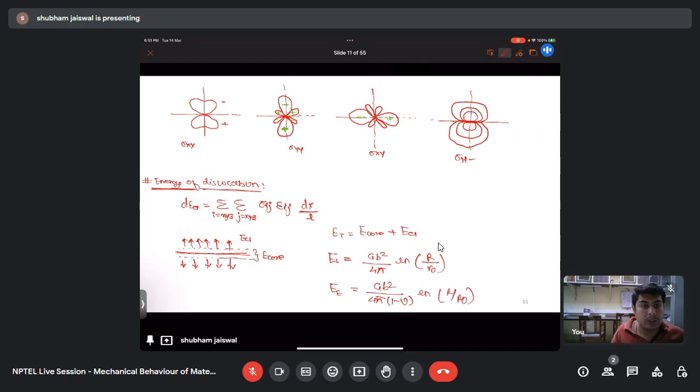And for most of the metals or materials, mu is equal to 1 by 3.